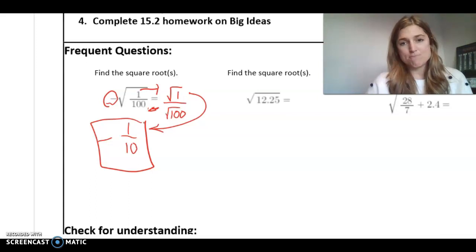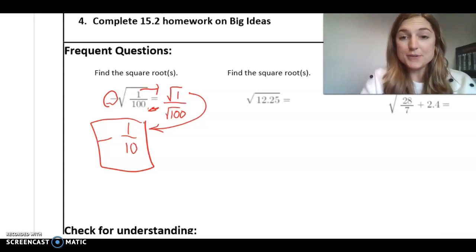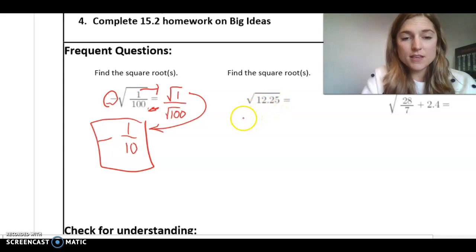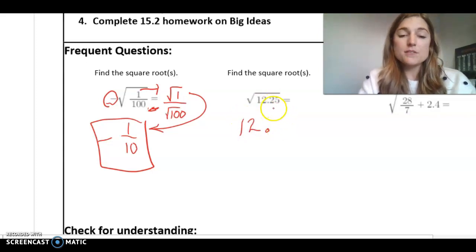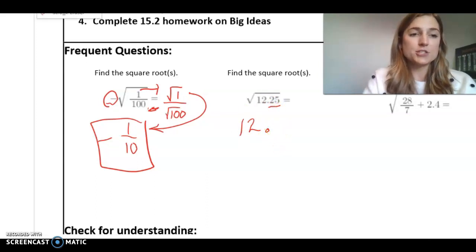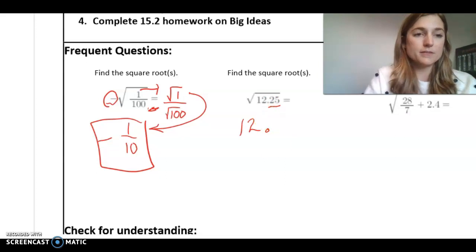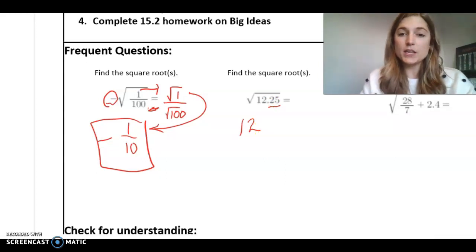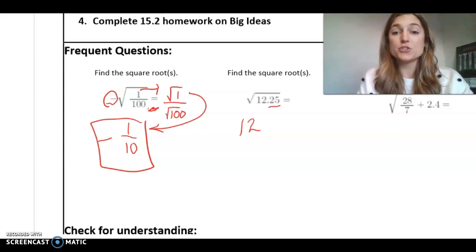What I would do, if you don't know how to change this into a fraction, think of 12 and then think of 0.25. I should erase that decimal point real quick. That should tell you that is 25 hundredths.